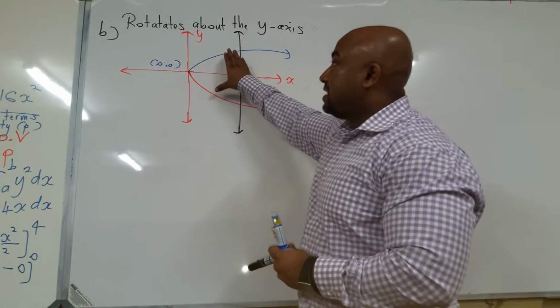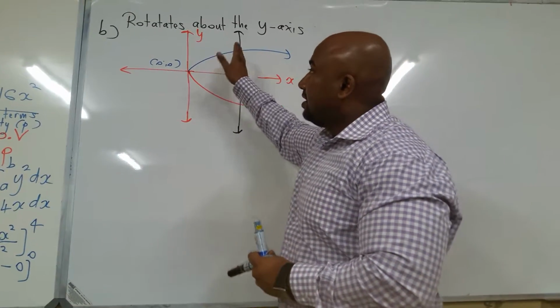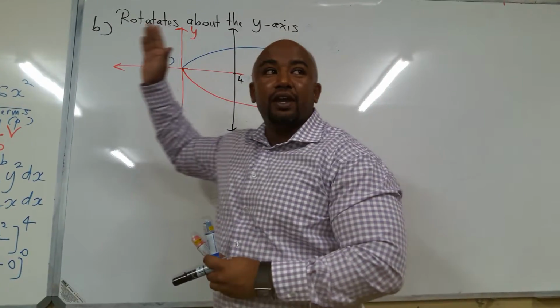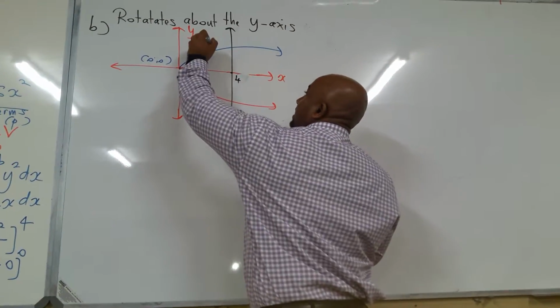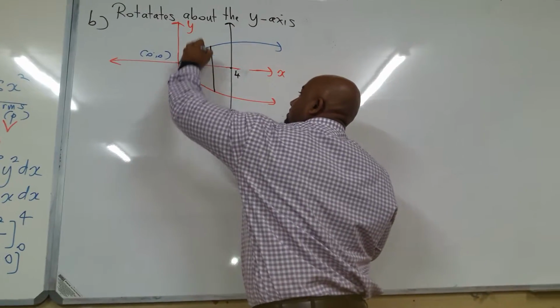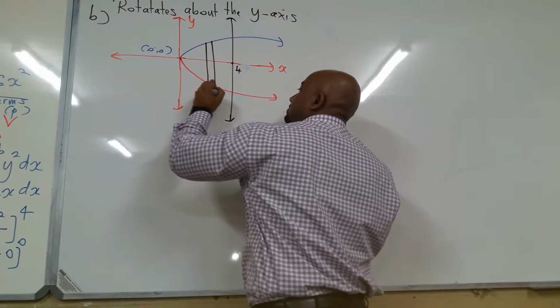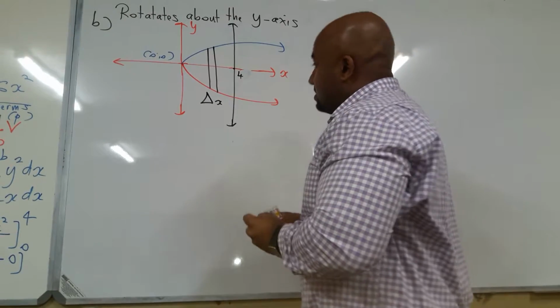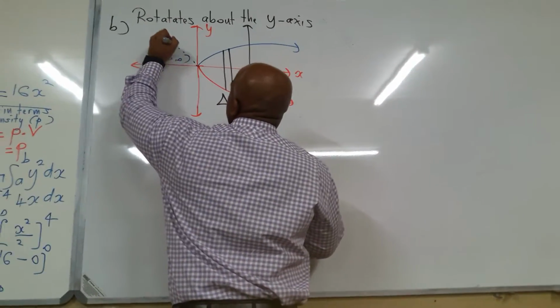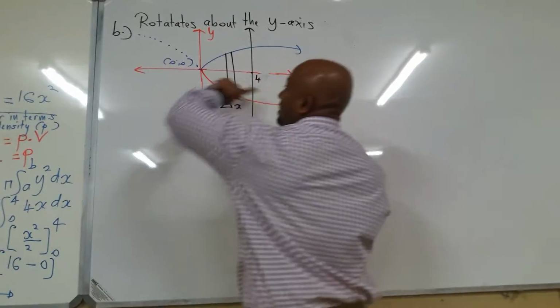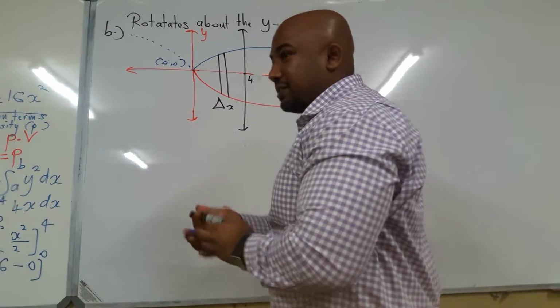Now, it's this entire area rotating around the y-axis. This whole area is now going to be rotated. So what's going to happen here? If it's rotating there, this is what's going to happen.